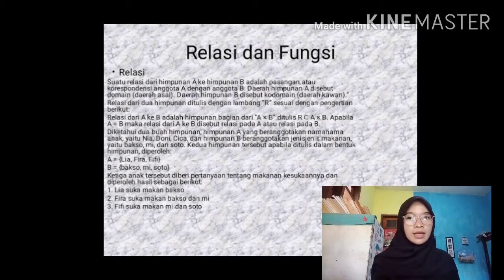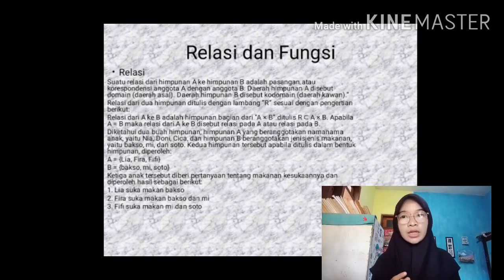Now, for example, set A has members of the names of children: Lia, Vira, Vivi, Doni, Cica. And set B has members of types of food, that is meatball, noodle, and soup. Second, set A in the form of a set is A equals Lia, Vira, Vivi.